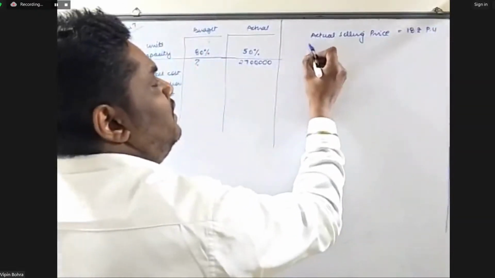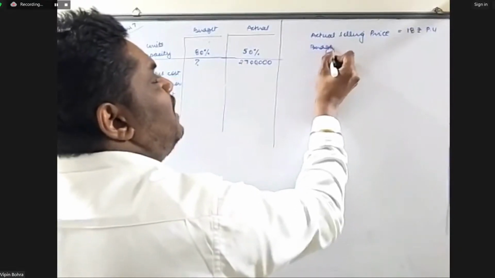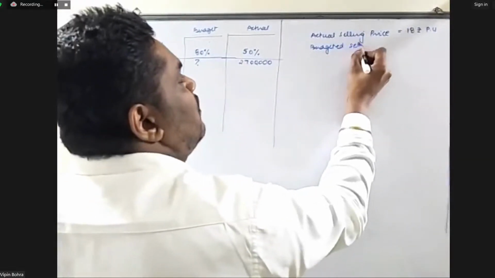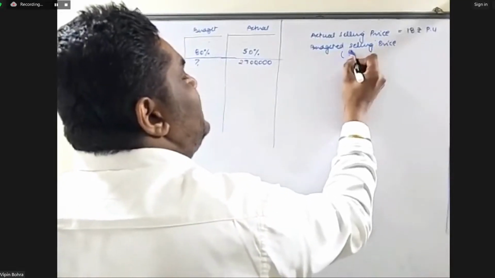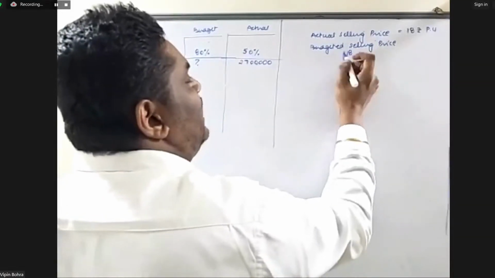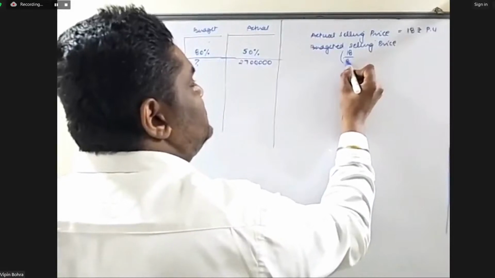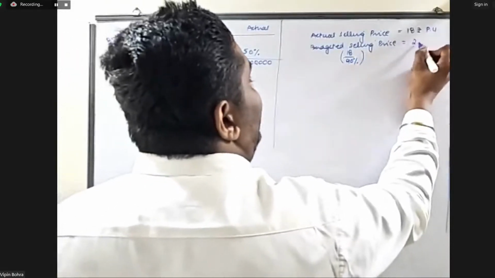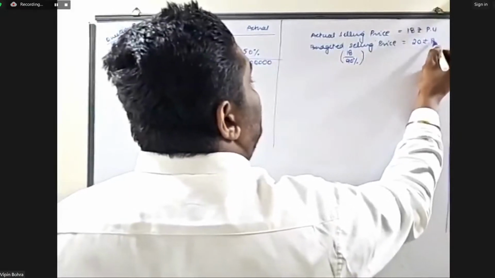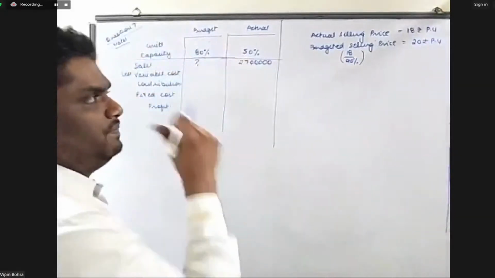Now the budgeted selling price will be how much? This 18 per unit is after a reduction of 10%, so this equals 90%. So how much will be the budgeted price? Rupees 20 per unit.